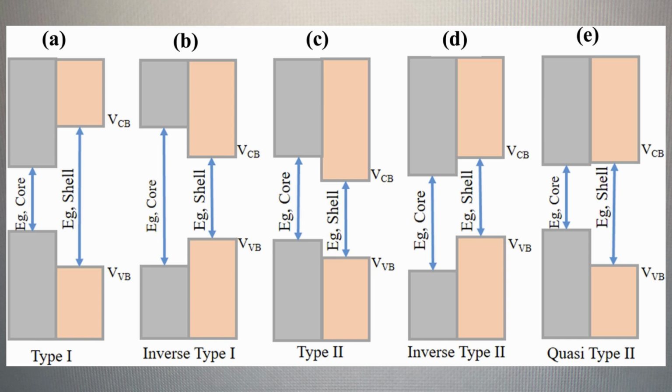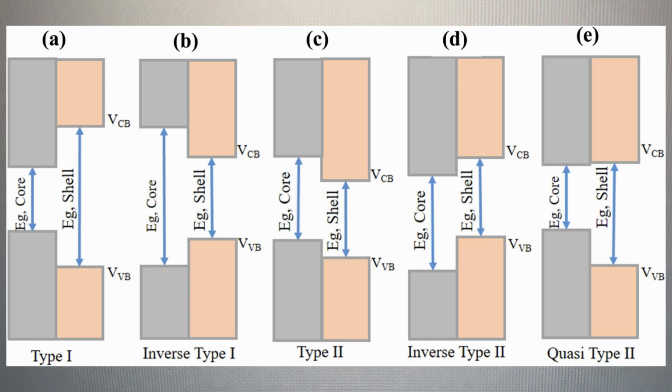So in type 1, the core is in gray, and the shell is in, what do you call that, beige? Pink? The band gap between those two is very different. The gap between the valence band of the core and the conduction band of the core is smaller than the gap between the valence band of the shell and the conduction band of the shell. So what happens here when you create an exciton?